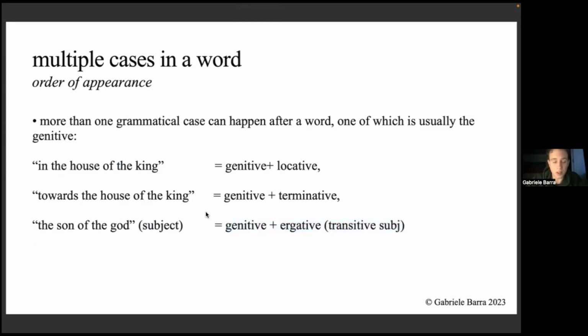As you can probably tell, most of these constructions happen to be the genitive plus another case. So the genitive is kind of a different grammatical case. It happens more than the others, and now we'll see the intricacies of it.